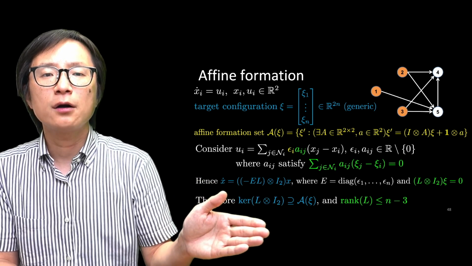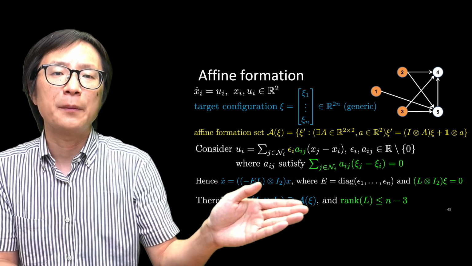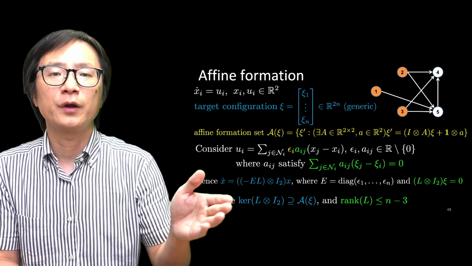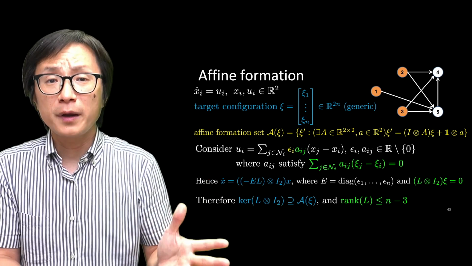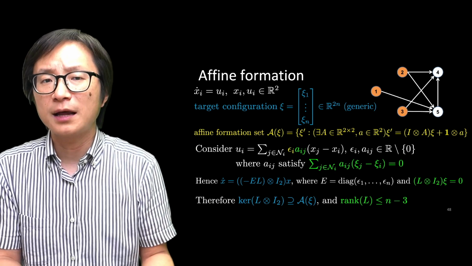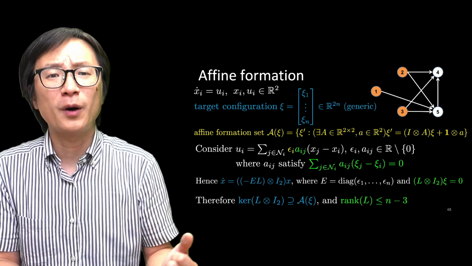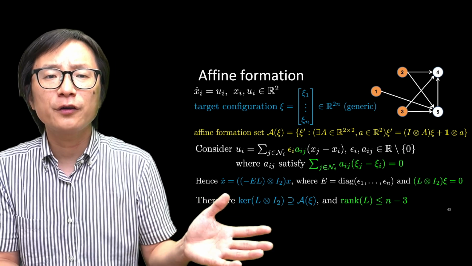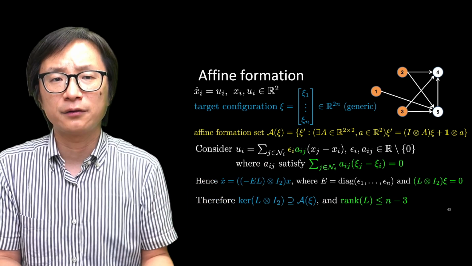Namely, we use L Kronecker product I2 times xi prime, which is an arbitrary element from the set script A. And with simple calculations, we can verify this is the case. This means that the kernel of the signed Laplacian Kronecker product I2 contains all possible affine formations. And also the rank of the signed Laplacian is no more than n-3.